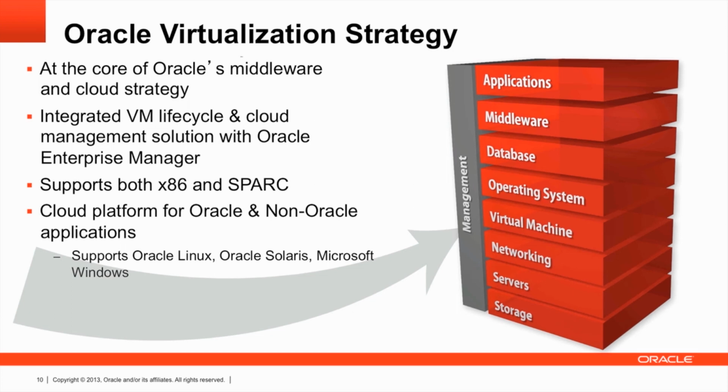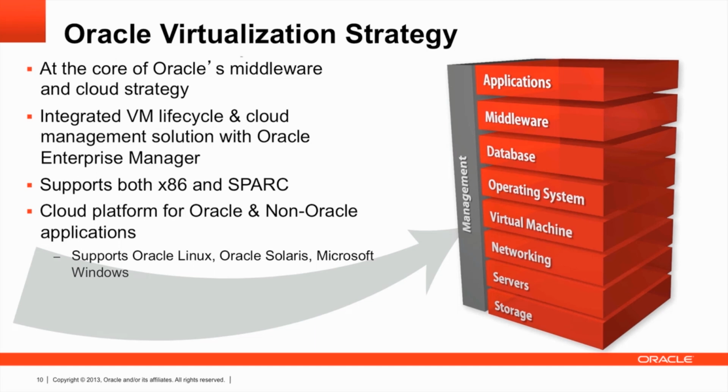This is where Oracle VM comes in, and it's really at the core of Oracle's cloud and private cloud foundation, where the VM lifecycle and cloud management solution is tightly integrated, and that's Enterprise Manager. Oracle VM supports both x86 and SPARC architectures, and also both Oracle and non-Oracle applications.